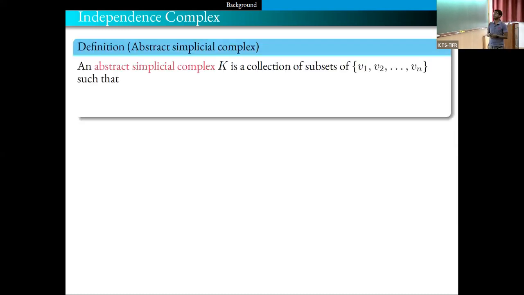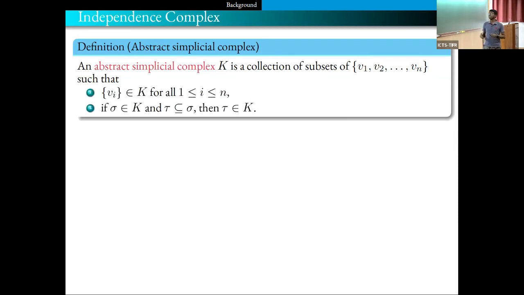Now, what is the independence complex? For that, we need something called an abstract simplicial complex. It is a collection of subsets of an n-point set such that each singleton set {Vi} is in K, and if some set is in K, then all its subsets are also in K. The singletons are called zero simplices, an edge is called a one simplex, and if you fill it in two dimensions, that's a two simplex, and in three dimensions, a three simplex, and so on.